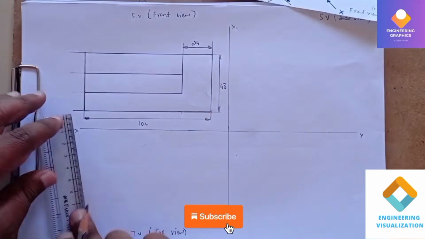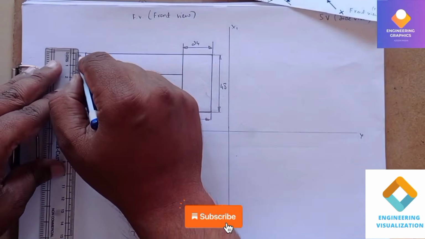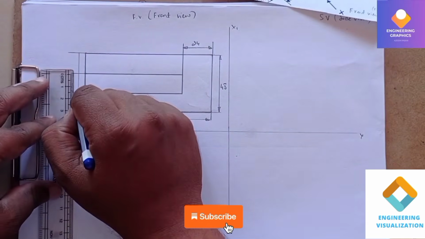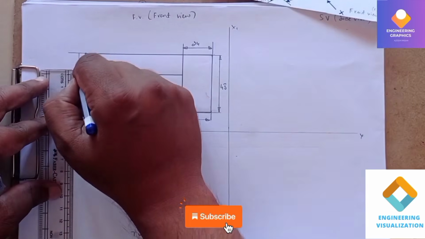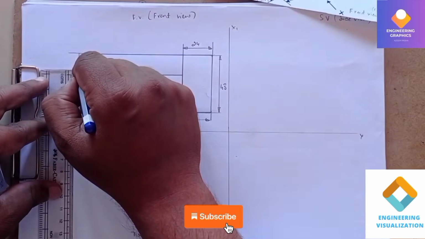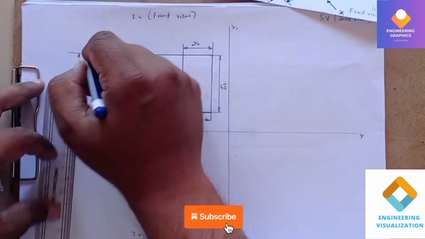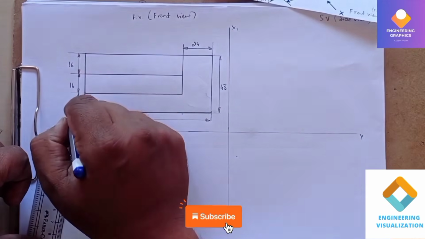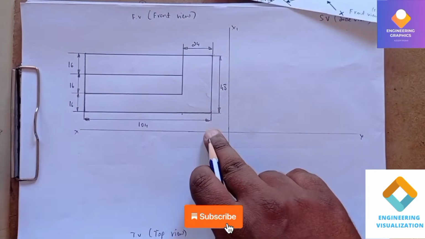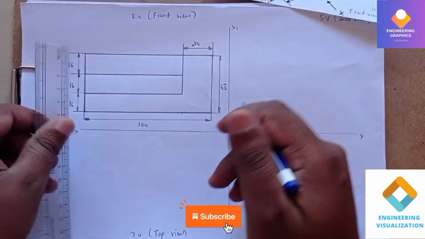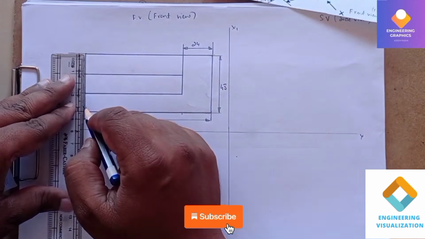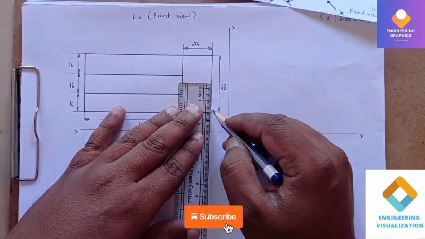However it is there in the front view, we are showing the dimension, okay. So 16 we should mention, okay. So we will project the lines here. We will draw the projection lines downward to draw the top view, because we know that these things occur in collinear.